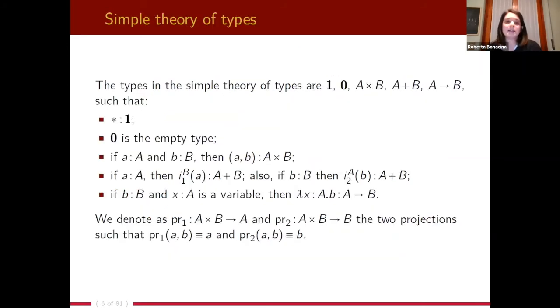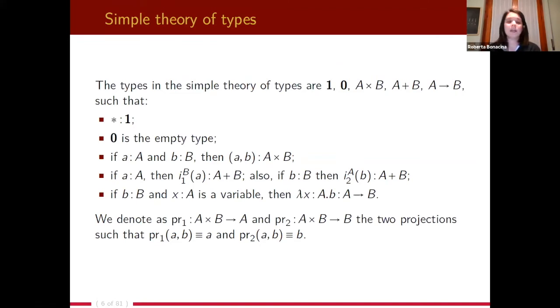So let's start with the simple theory of types. The main types of this theory are 1, 0, the product type, the sum type, and the arrow type. So the type 1 is the type with only one term, which can be seen as the set with only one element. 0 is the empty type.